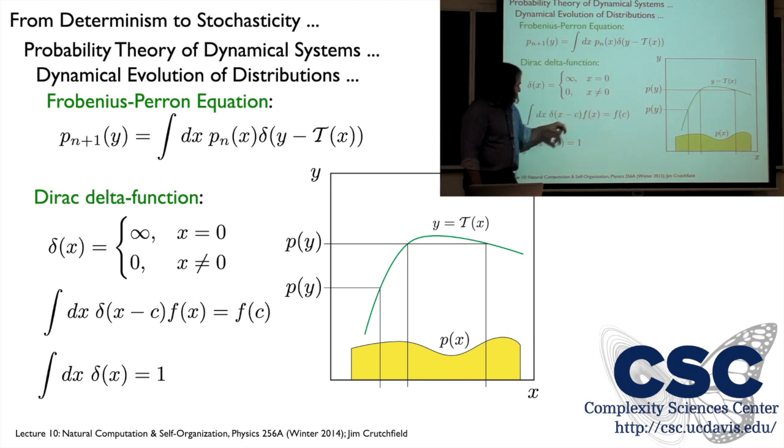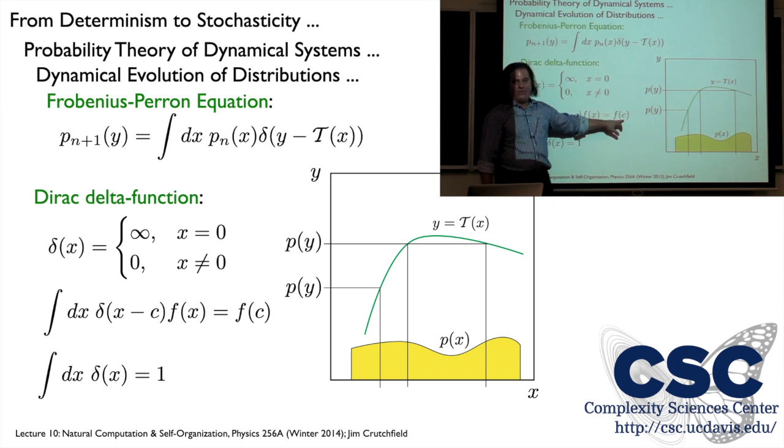And the key property is that when I integrate a delta function against some arbitrary function, f of x, it returns the value of f of x at the value where the delta function argument went to 0. So here we have this delta function is going to be infinite when x is equal to c, and sort of samples f right there.